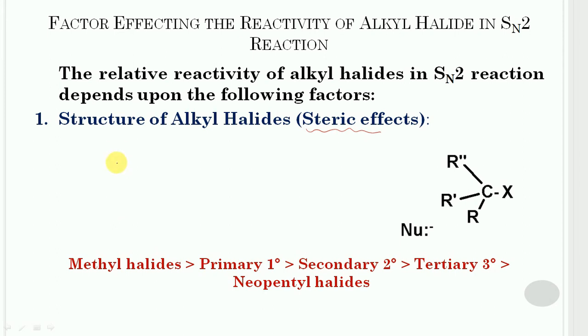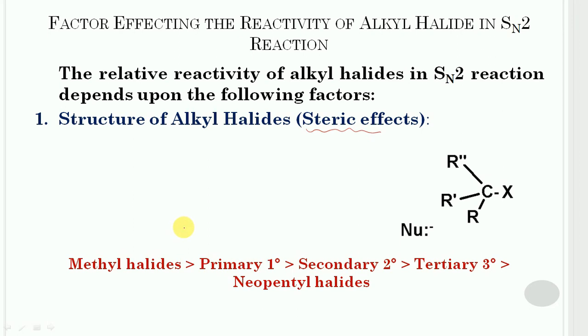We have seen that in the case of hydrolysis of methyl bromide by sodium hydroxide, the attack of the nucleophile occurs from the back side on the carbon bearing the bromine atom.